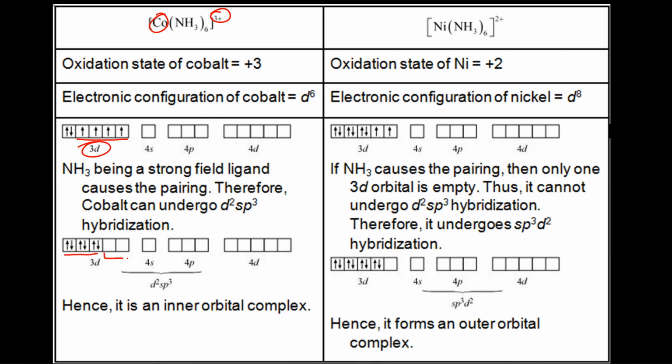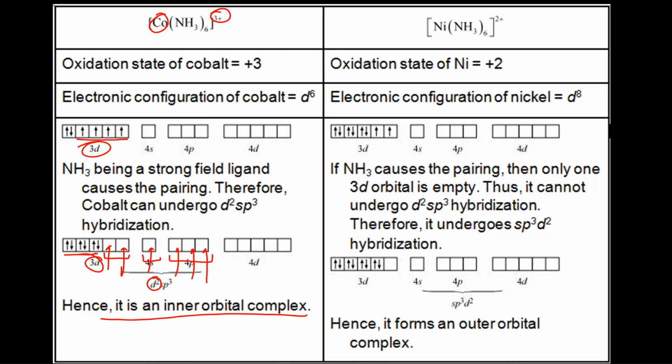And here you have d2sp3 configuration. All 6 you need. So all 6, this one, this one, this one, this one, all will get electrons from NH3. So d being used is of inner shell. So we'll say hence it is an inner orbital complex.